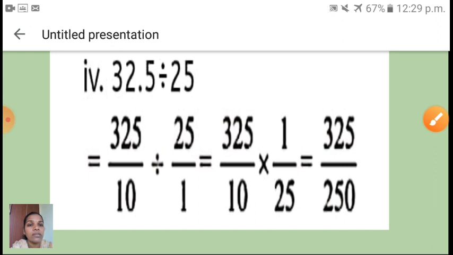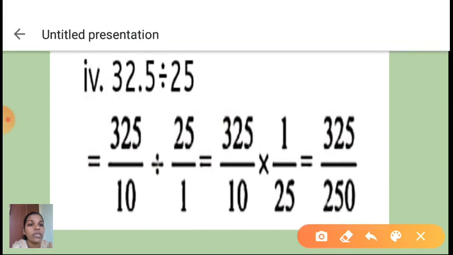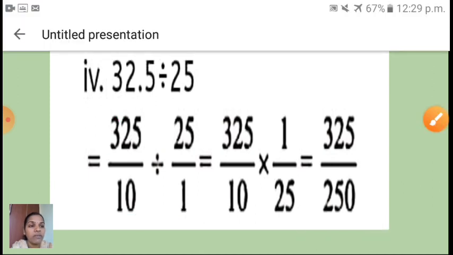Fourth question is 32.5 is divided by 25. So first step what I told children, 325 upon 10 is divided by 25 upon 1. I hope you understood this step. Next step you know very well.